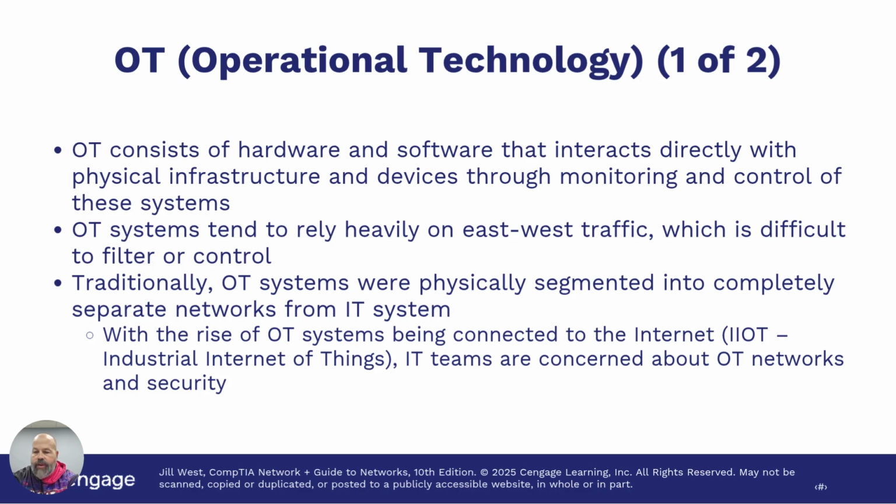Problem is, this traffic is really hard to filter. Traditionally, companies kept OT completely separate from IT. It's like having two phone lines, one for business and one for personal. But now, with the industrial Internet of Things, everyone wants to connect to the internet. IT teams are nervous because suddenly the machine that controls the factory's temperature is one ransomware attack away from turning your workplace into a sauna.